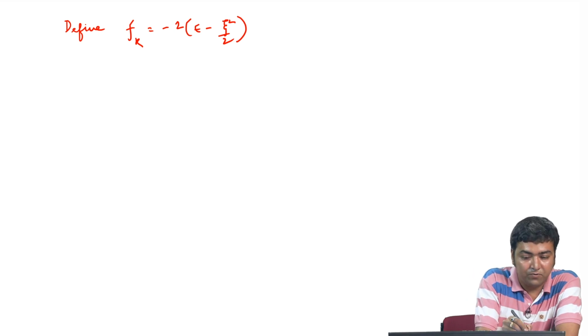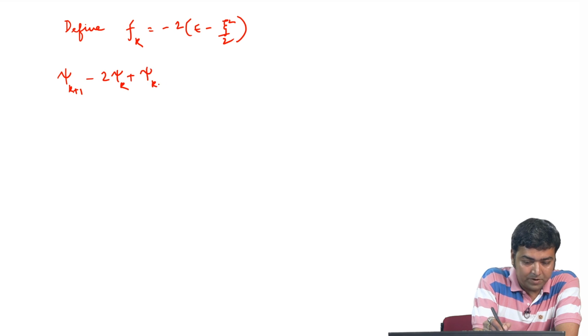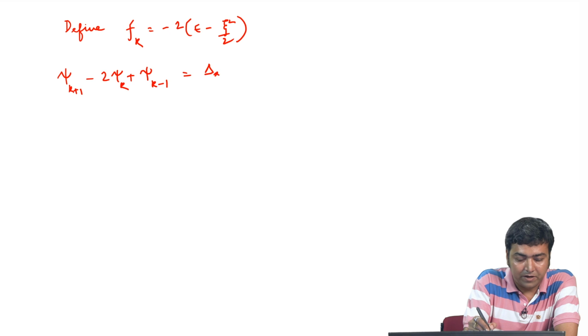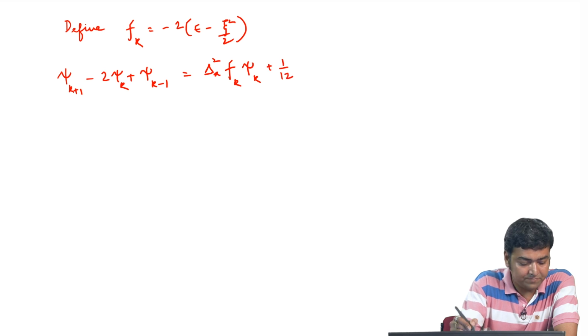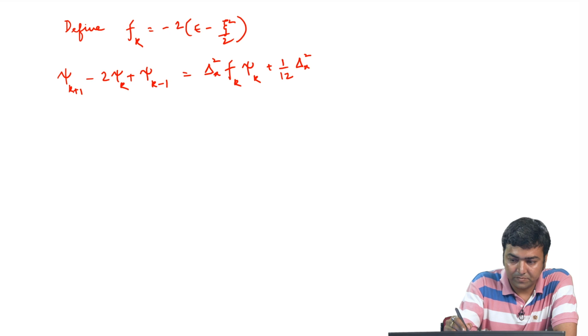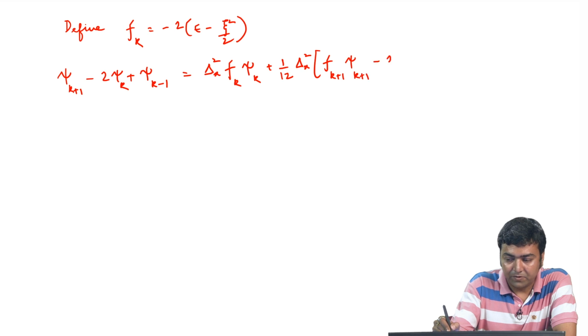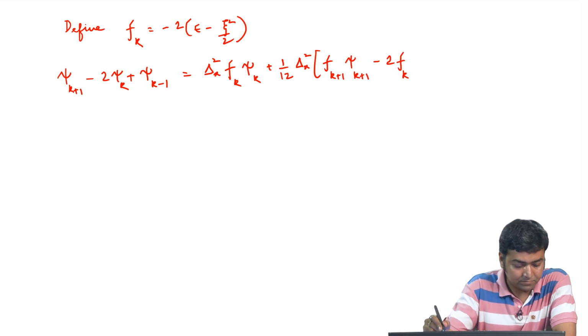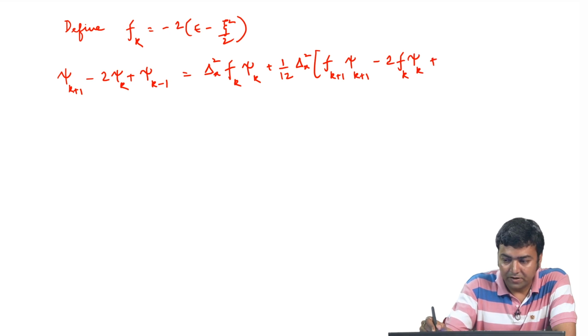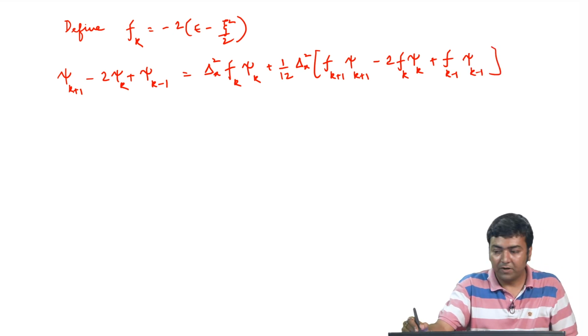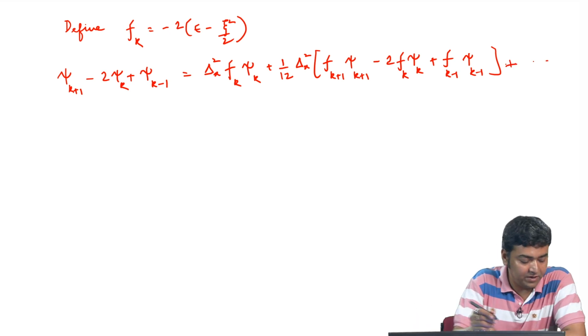So, we now have psi k plus 1 minus twice psi k plus psi k minus 1 equal to del x square by 12 times f k plus 1 psi k plus 1 minus twice f k psi k plus f k minus 1 psi k minus 1, and then I have the sixth order terms, which I am not writing down explicitly.